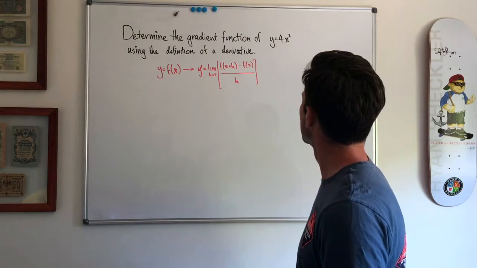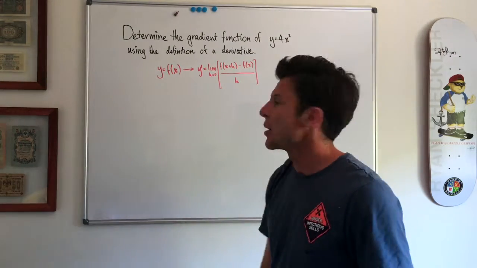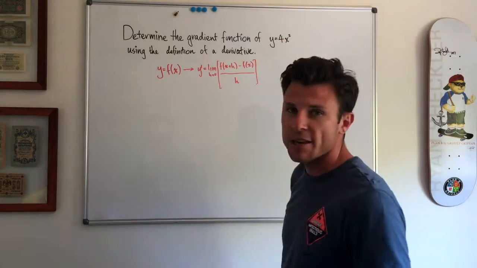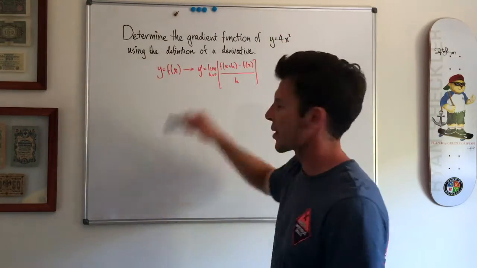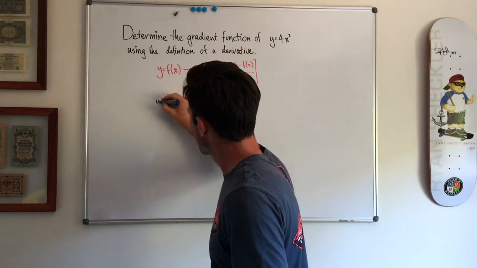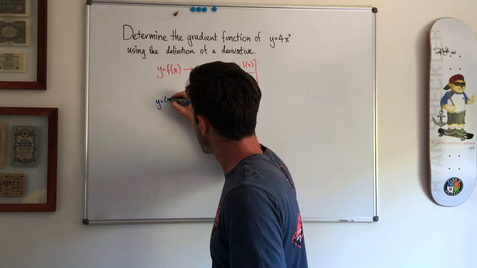Okay, so what we now do is we're going to substitute the function that we've been given into the general case. So our function is y equals 4x squared.